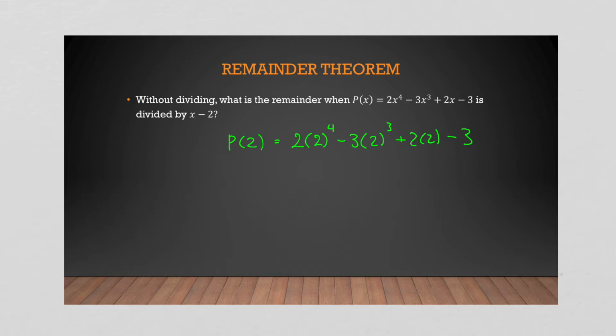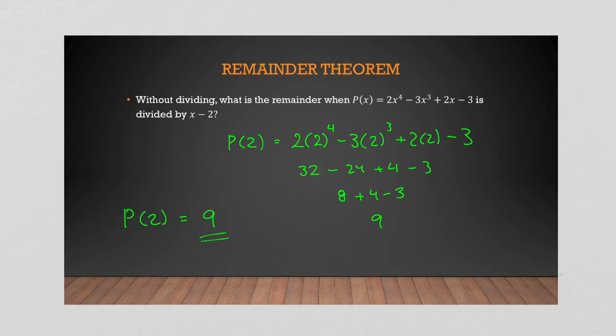Well, we get 2 to the power 5 here, so 32 minus 24 plus 4 minus 3. So 32 minus 24 is 8, plus 4 minus 3, so that comes out to 9. So when we divide by the factor x minus 2, we will get a remainder of 9.